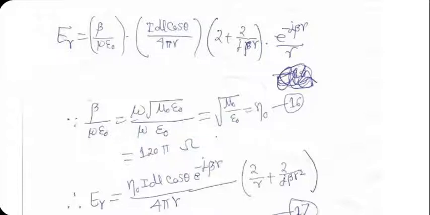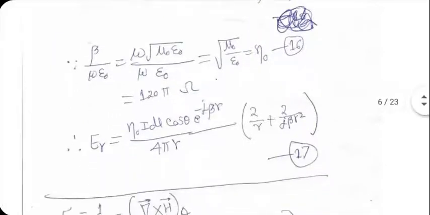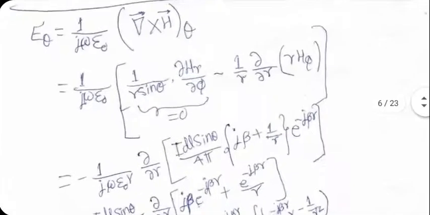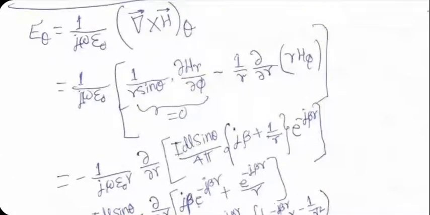Okay. How about E theta? Yeah, we are continuing with ER right now. Now let's go to E theta. Again, lot of derivations. First term goes to 0 because d by d phi is not there. Second term is not 0. I put the value of h phi.